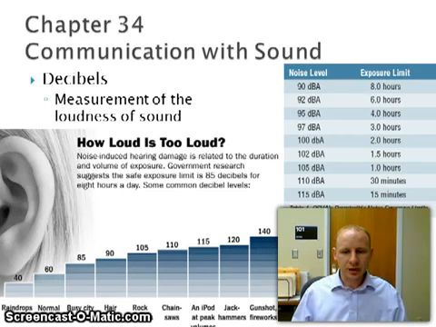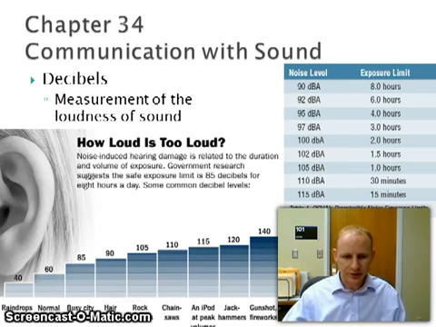And OSHA has identified appropriate noise exposure limits depending on the type of sound. So first of all, we have to look at how loud is the sound, what are the decibels of the sound. And so for example, on the chart down over here, you can see that busy city traffic is about 85 decibels.